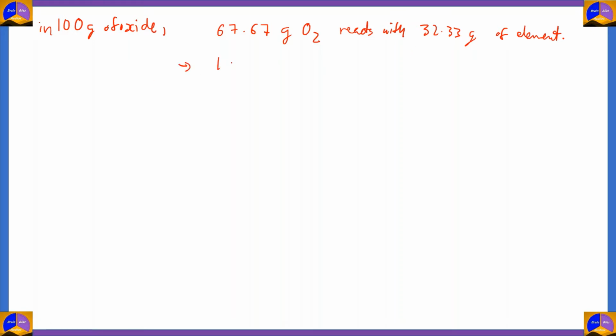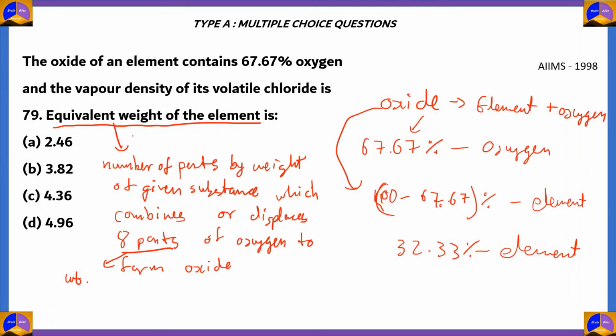Therefore, 1 gram of oxygen reacts with 32.33 divided by 67.67 grams of the element. So this is one part of oxygen. And in our question, we need to find the equivalent weight, which is the number of parts by weight of given substance, which combines with 8 parts.